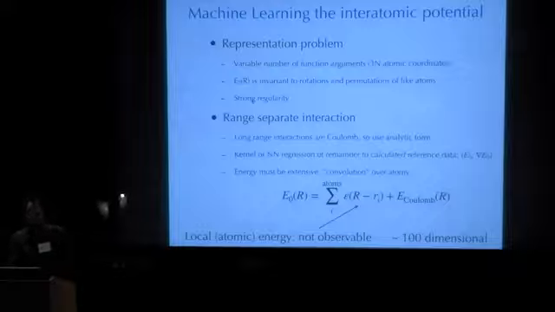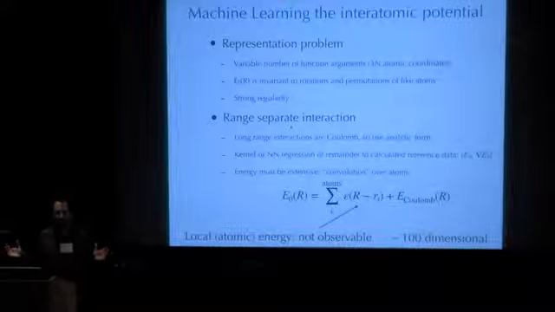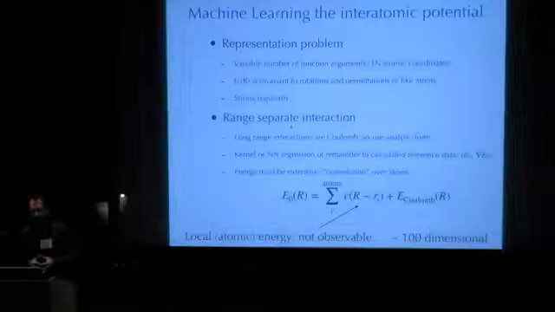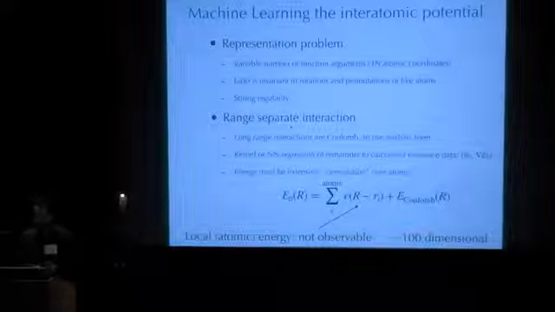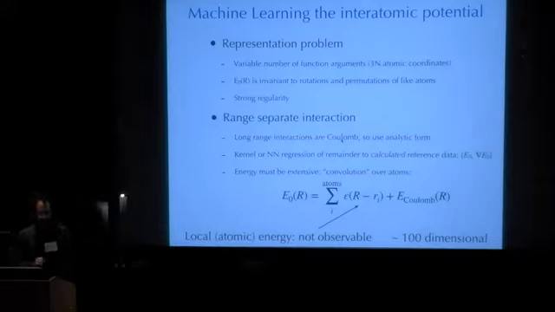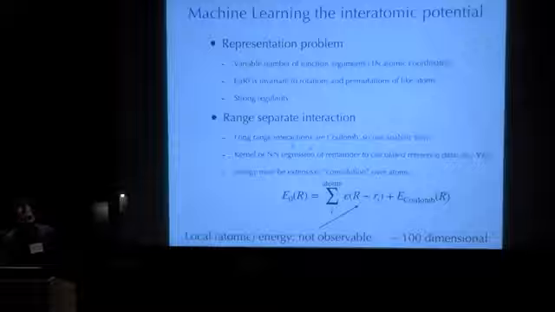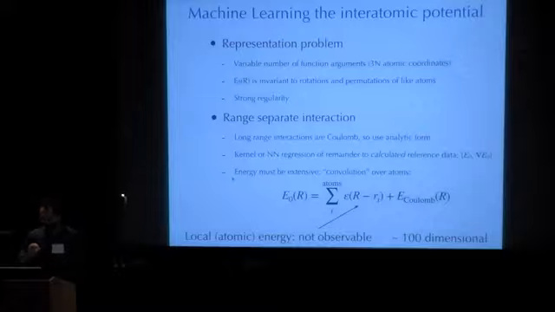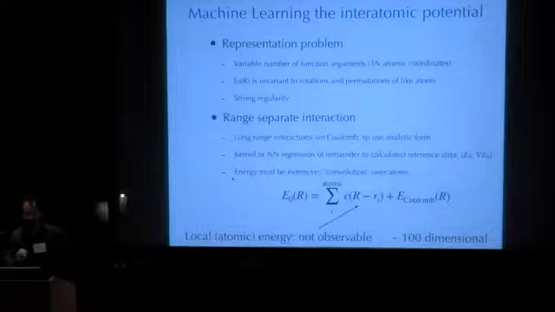So we start by doing a range separation. If we had to consider all the atoms all the time, then I don't think we would make any progress. So we take long-range interactions, which are actually the Coulomb interaction, for real, even in the quantum Hamiltonian, and so we can use the analytic form for that. And then for the short-range interaction, we can use kernel and neural network regression to regress the remaining short-range terms to calculated reference data.